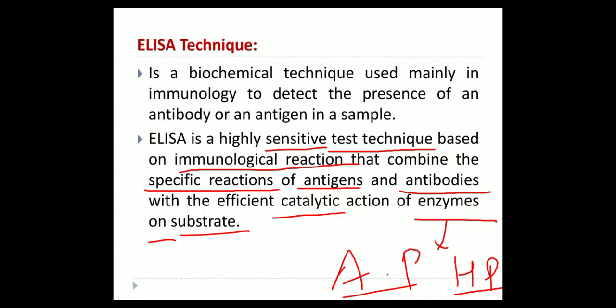This is mainly done with a machine, a spectrophotometer. It gives the optical density, and we also obtain a graph between concentration and optical density, and by knowing the intensity of the color change we can detect the concentration of antigen or antibody in the given serum. So this is a computerized technique.